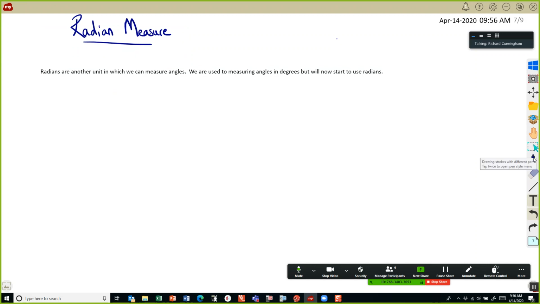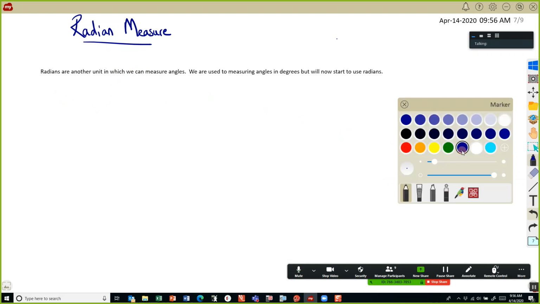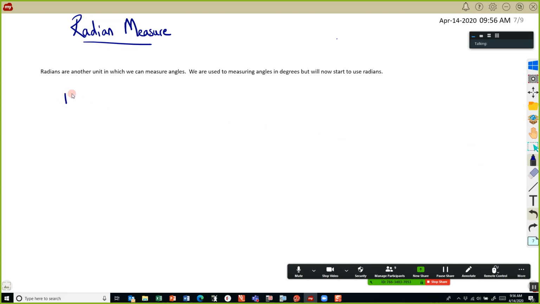Now, where people get hung up on this is: 180 degrees is equal to pi radians.